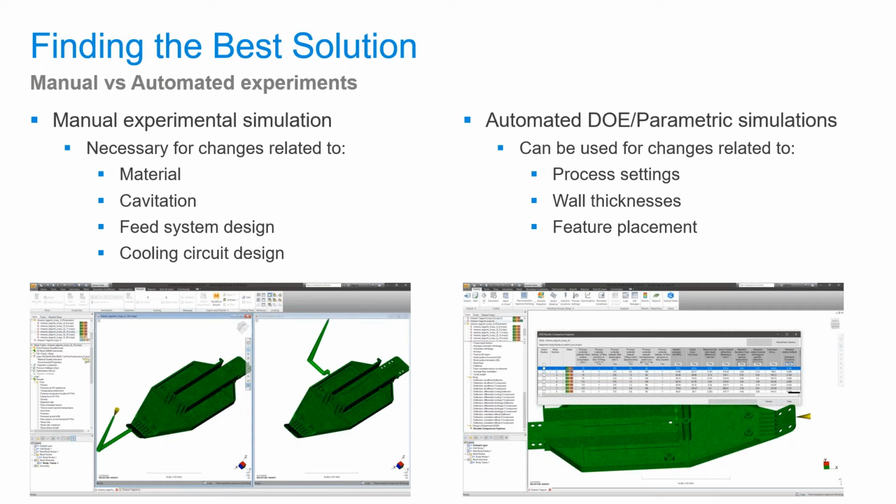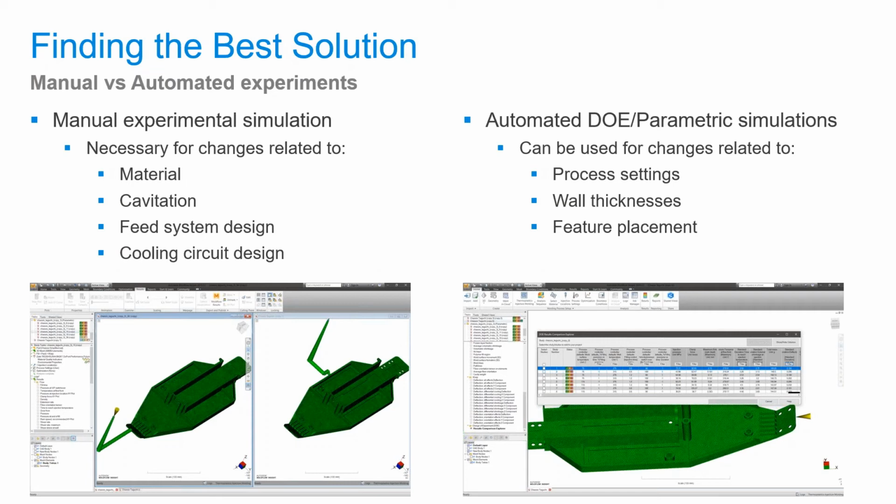The alternative option is to set up an automated design of experiments or parametric design or parametric analysis, where you enter in the variables and quality concerns that you're interested in. And then Moldflow creates several variations of your analysis automatically when you run the simulation.